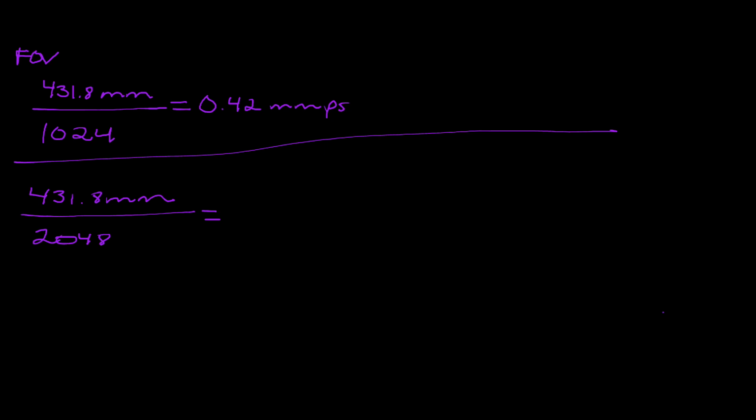And that is going to give us our new pixel size of 0.21 millimeter pixel size. Increasing the matrix size for a given field of view will decrease the size of the pixels and increase spatial resolution. So this one here is increasing your spatial resolution.